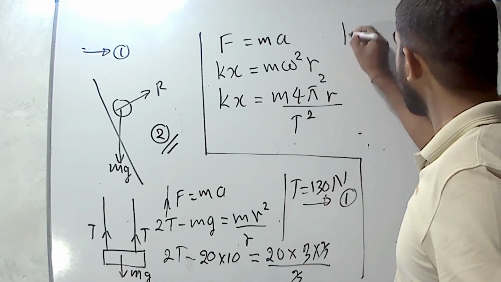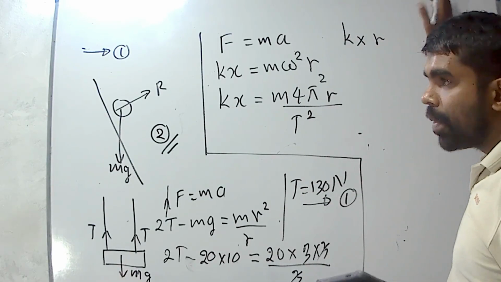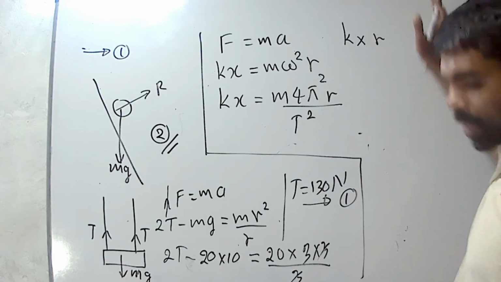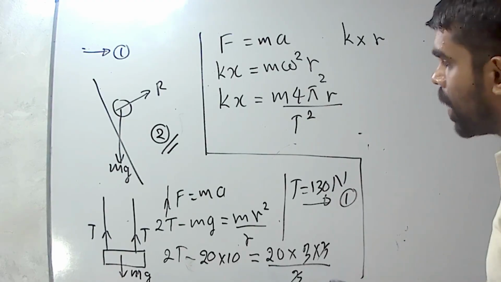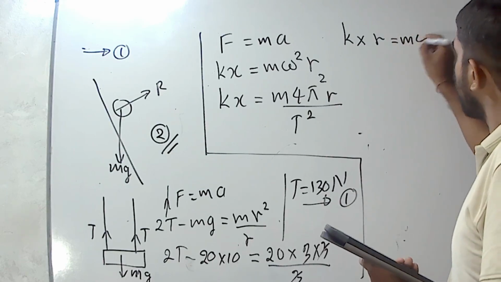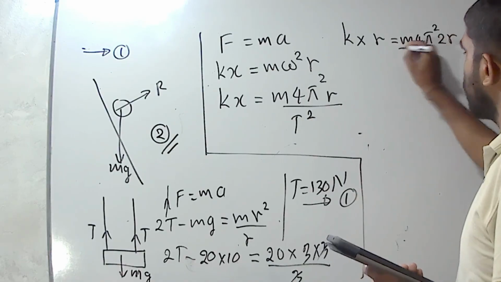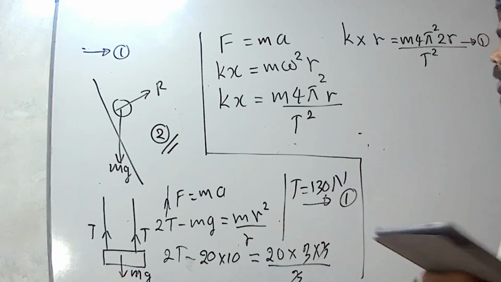The initial length of the rope is r, but they have given the radius of the initial path as 2r. Therefore, the initial extension, the increase of length, is r. So K r equals m 4π squared, radius of the path 2r, divided by T squared. This is the first equation.